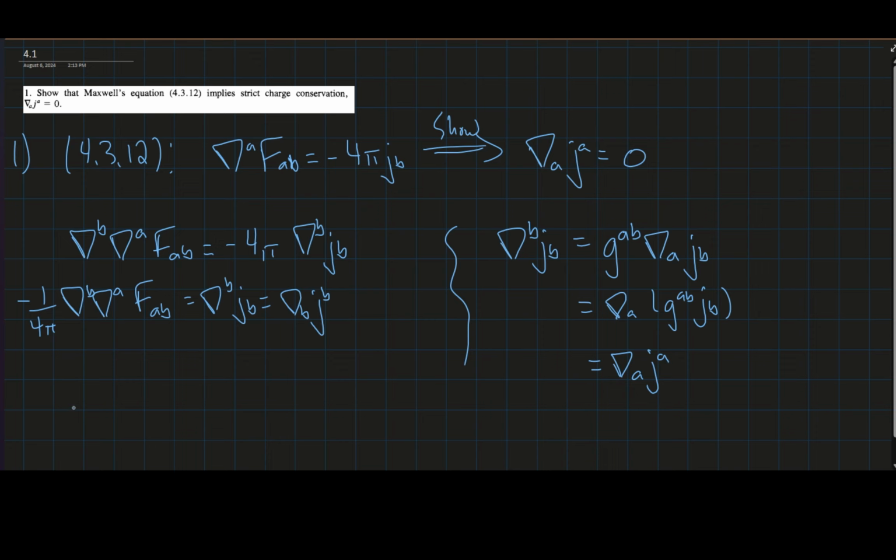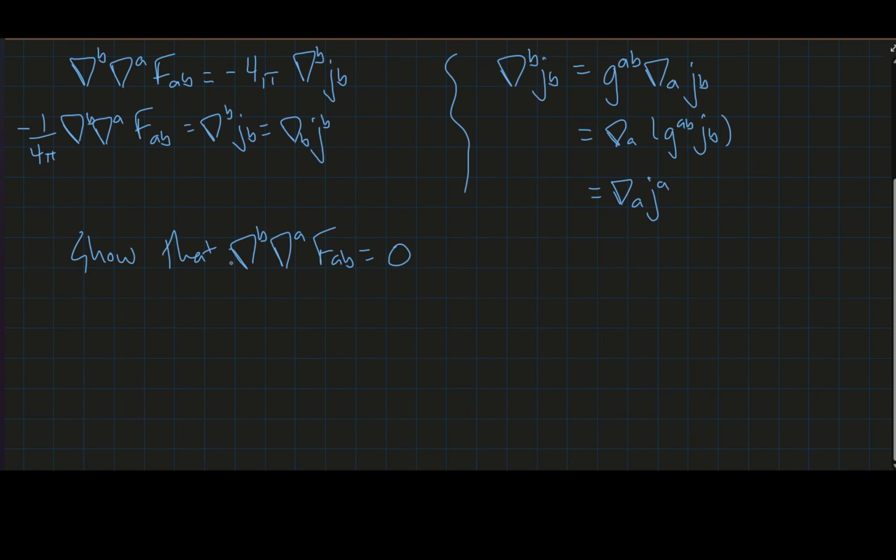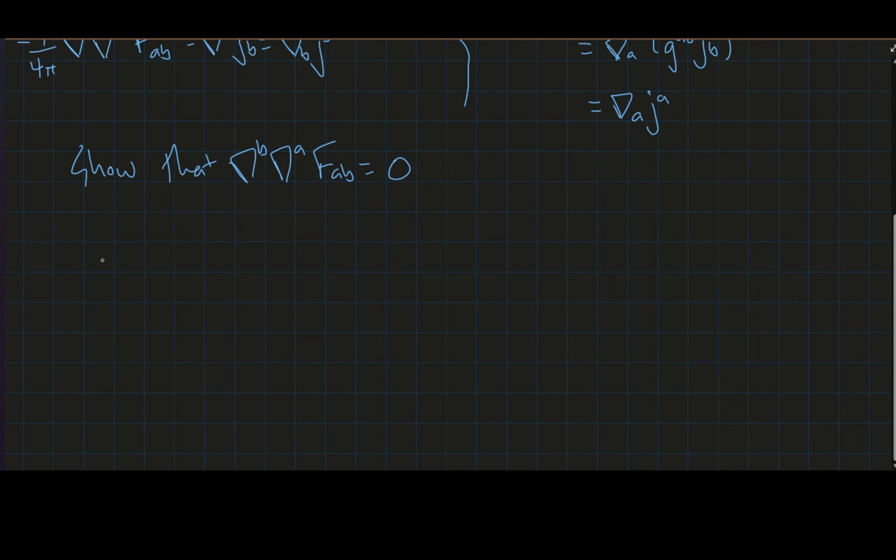So really at the end of the day, if we're able to show that nabla_B nabla_A F^AB equals 0, then we've done what the problem has asked. In fact, we're going to approach it a little bit differently even, but let's just go ahead with it.